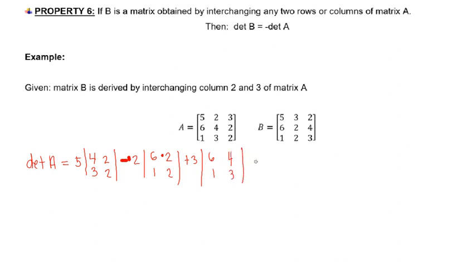So, determinant of A natin, that is 5 times the product of the downward diagonal minus the product of the upward diagonal ng ating 2 by 2 matrix.